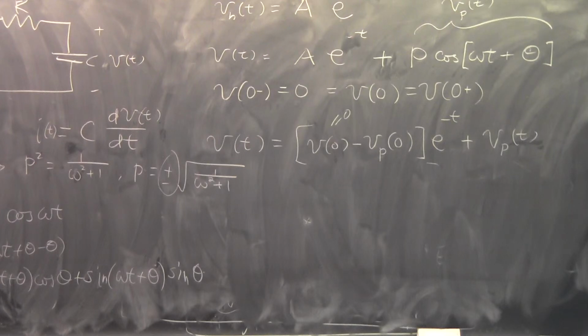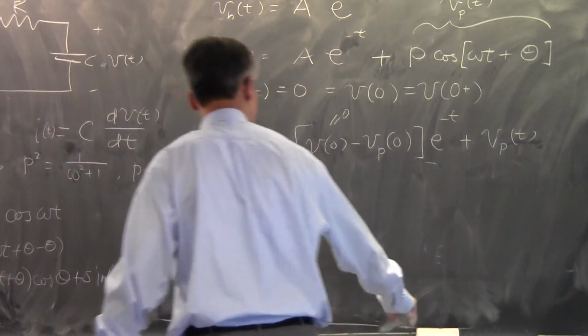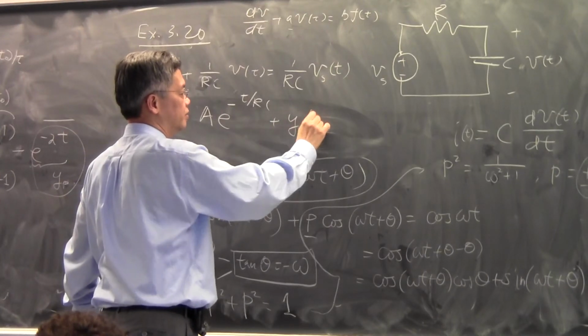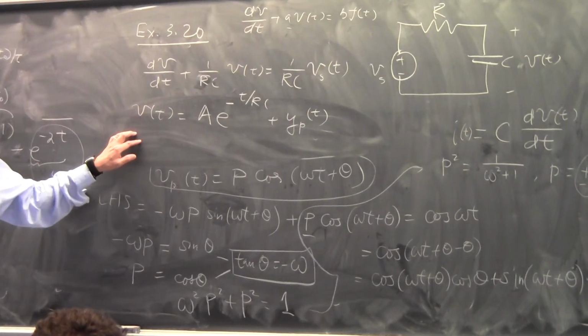Oh, because the general solution is written in this manner. Let's review that part again. If you have an ODE, let's take this to be the ODE that we have. The ODE has a general solution which consists of a homogeneous solution, which is written by this, plus a particular solution. This is a general solution.